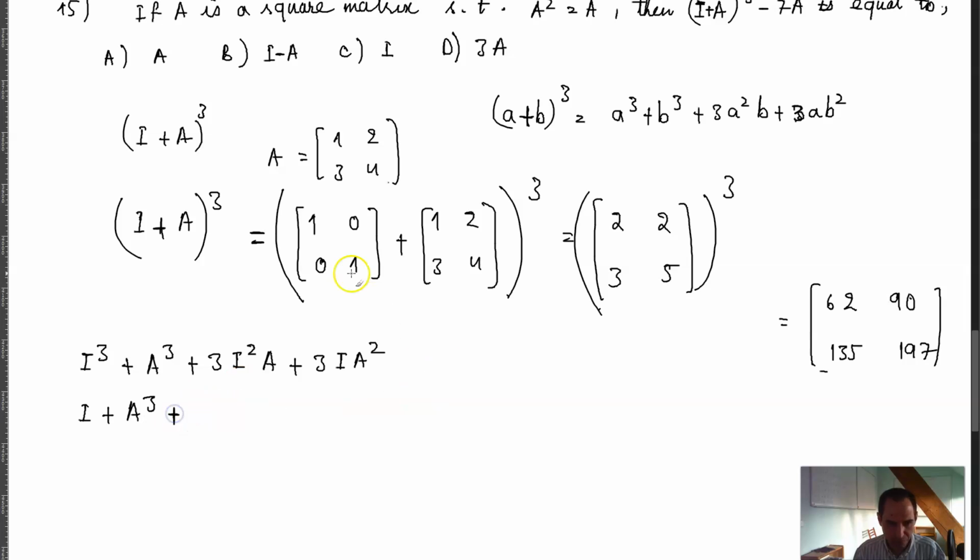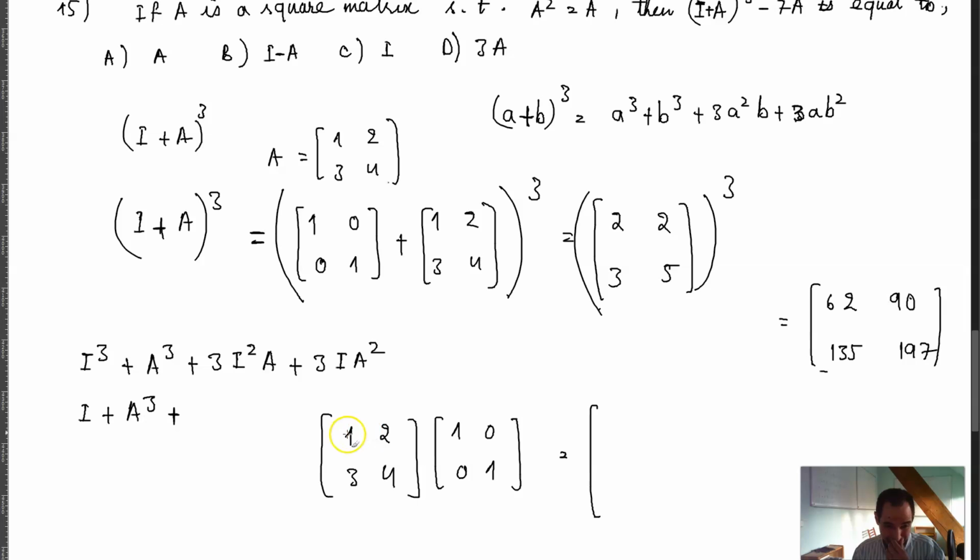That means that, for example, if you have a matrix [1, 2; 3, 4] and you multiply it by [1, 0; 0, 1], what you will get is 1 times 1 is equal to 1, and 2 times 0 is equal to 0. Then you have 0 plus 2, and you have 3 plus 0, and then you have 0 plus 4, and that gives you basically 1, 2, 3, and 4.